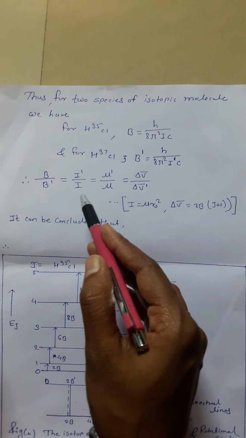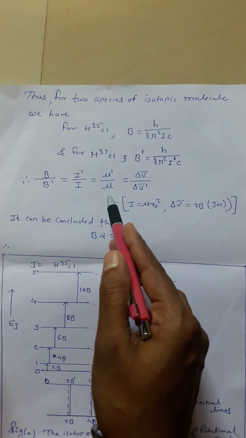Then I dash upon I is equal to mu dash upon mu.